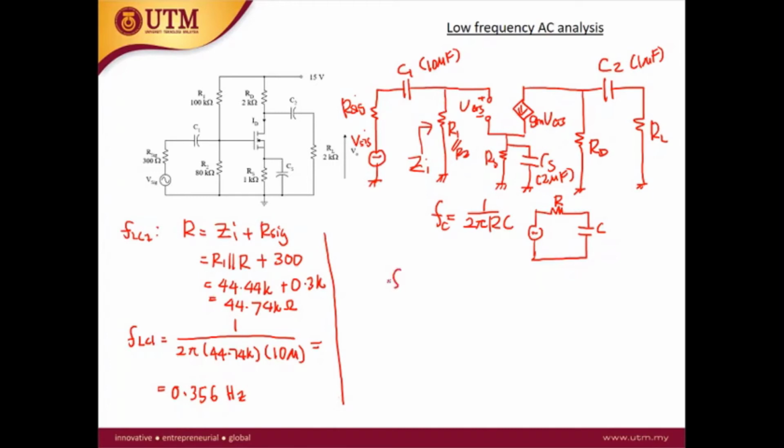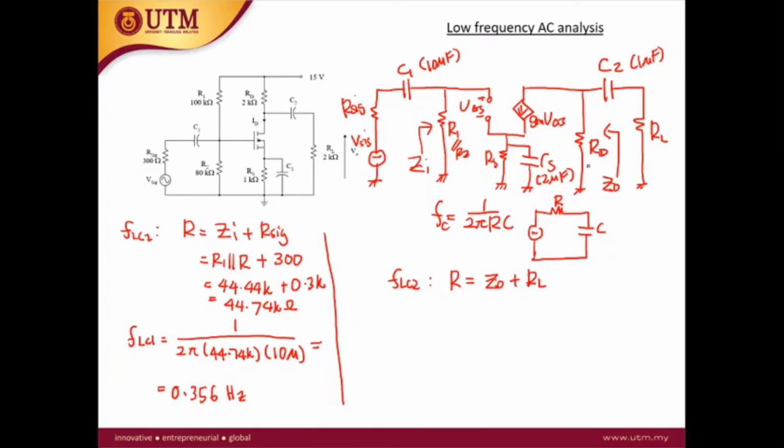Okay, for FLC2, this is the coupling capacitor at the output. For this case, R1 and R2 will not appear when we consider Z out, because in this case we consider CS is short circuit and bypassed. So the resistance R is equal to Z out plus RL.